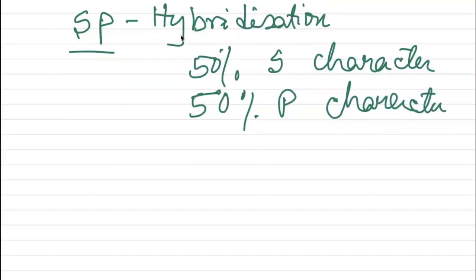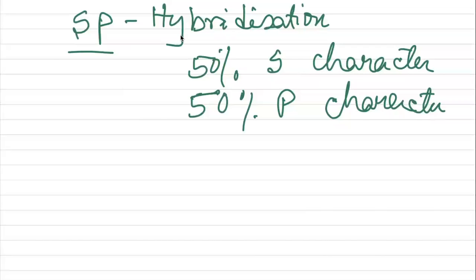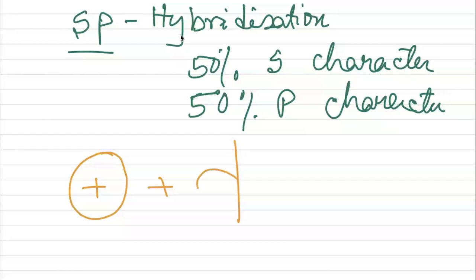Now see how the hybridization will take place. Suppose this is the s orbital, and this is the pz orbital.